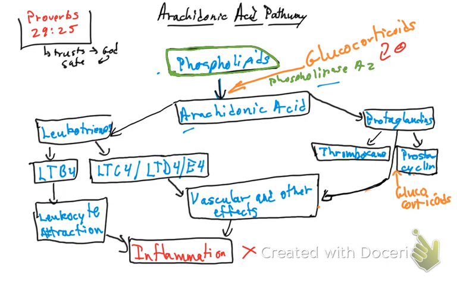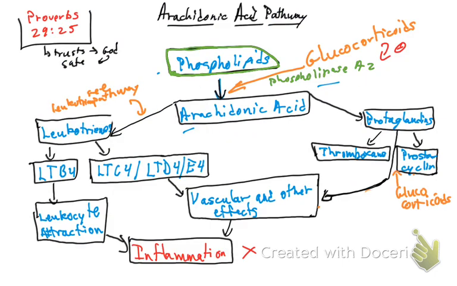To understand the conversion of arachidonic acid to leukotrienes, let's look at a pathway. The pathway we're going to open right now is called the leukotriene pathway.